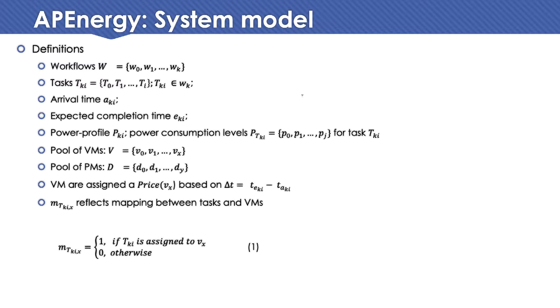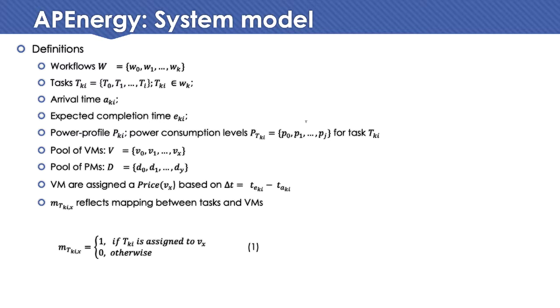We assume that each workflow, W_k, consists of a list of tasks, T_k,i, with arrival times, expected completion times, and a power profile determined from a vector containing the power consumption levels. So PT_k,i would be the power intervals at different levels or at different times during the execution of this task.